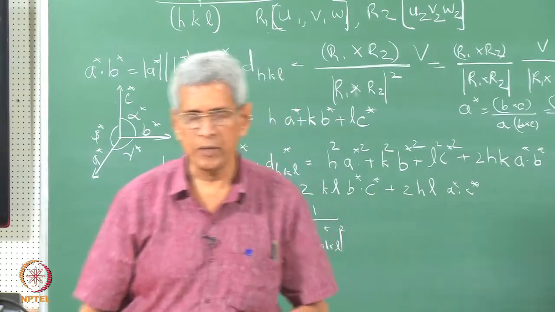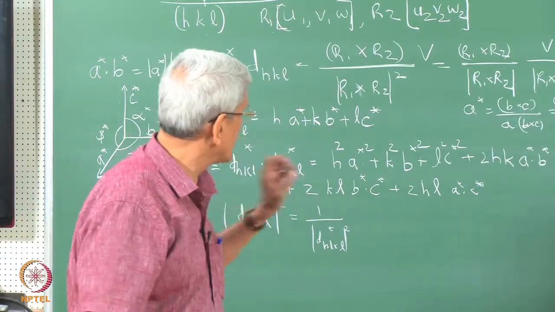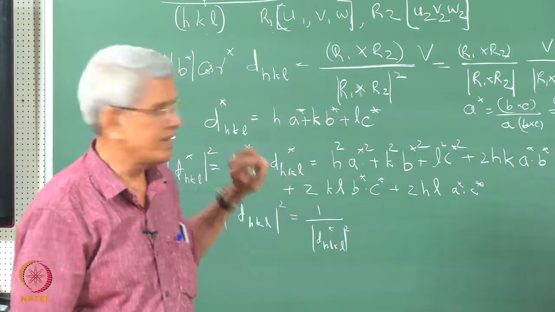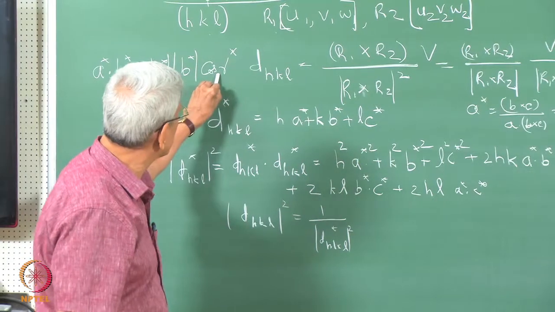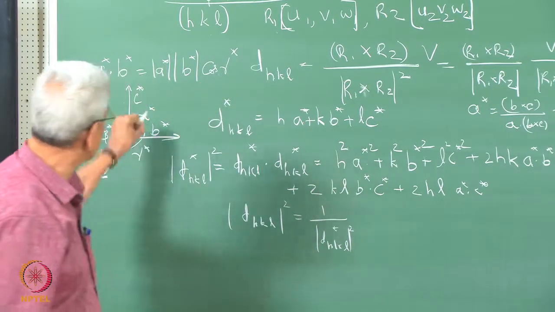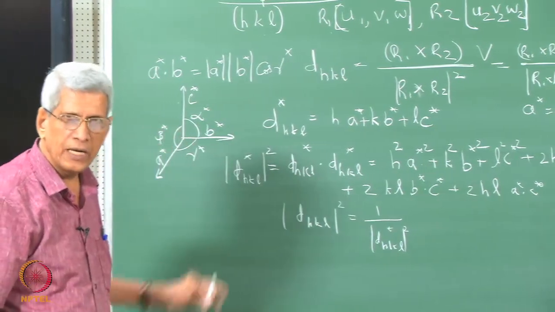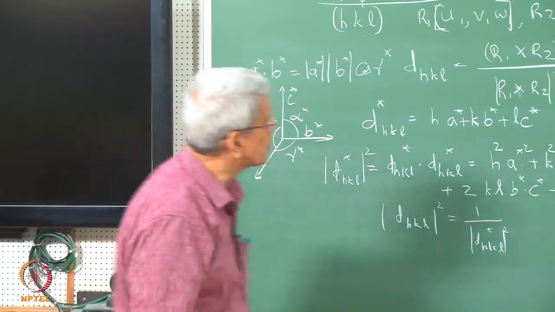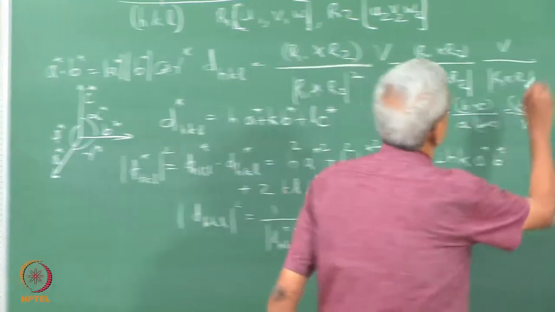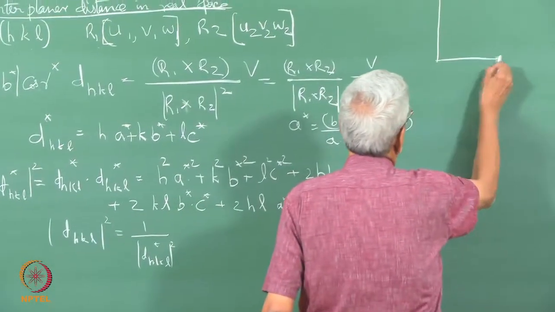This expression can be used to find out. The crux essentially is what is the relationship between these angles? This is how we have defined it in reciprocal space. Similarly, in real space also we can choose a coordinate system in which we define the unit cell.